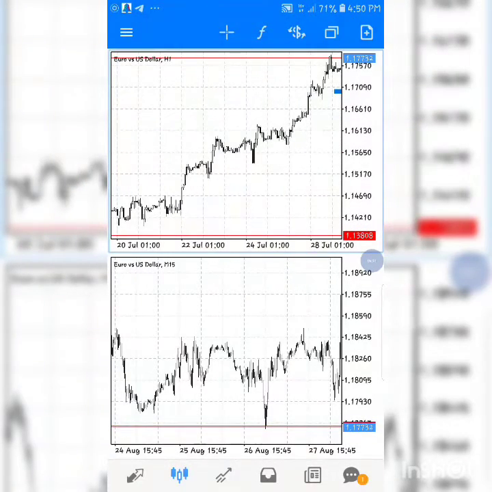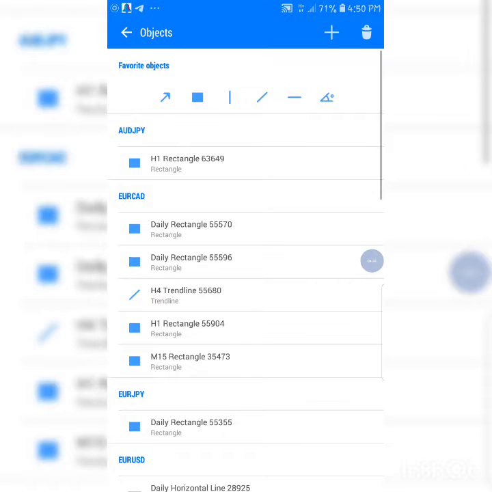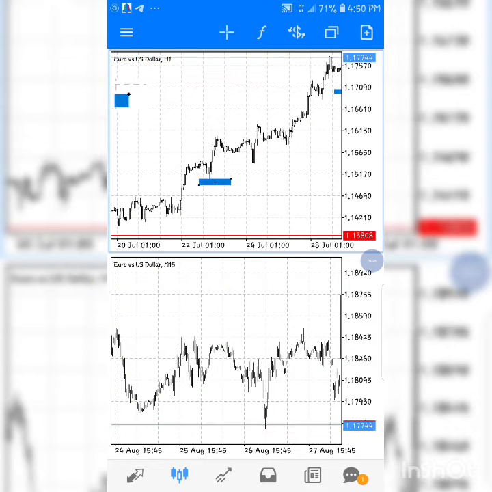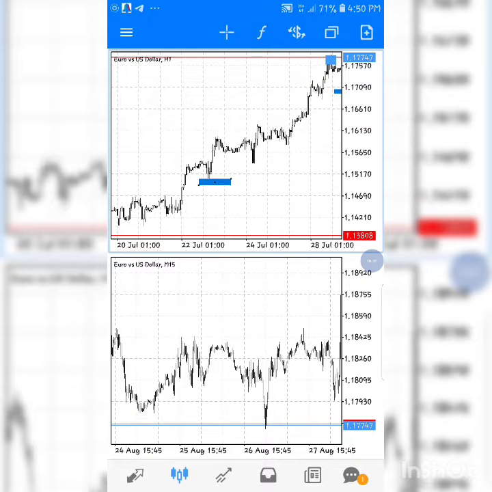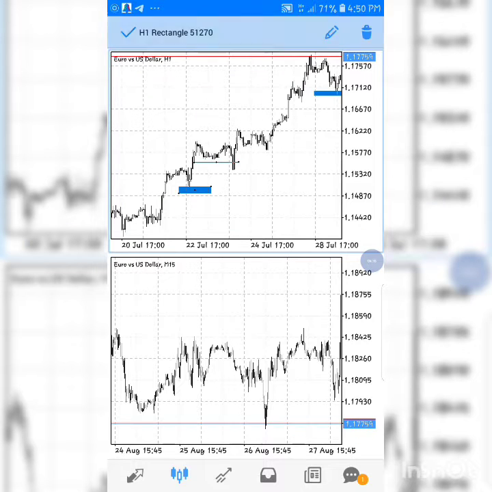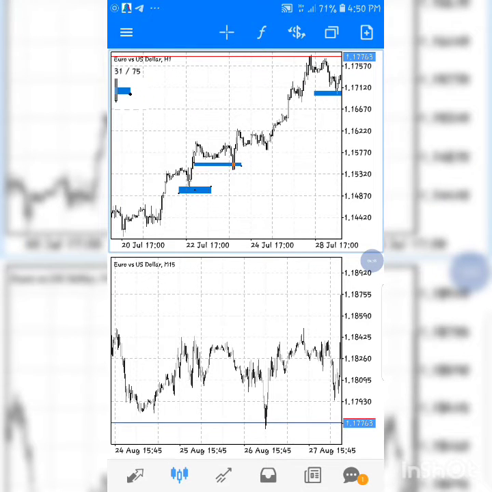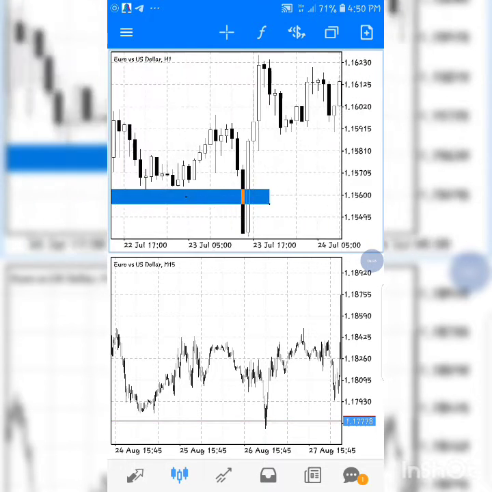And also you have these minor support levels here, which are this one here. Then you have another one here below these small candlesticks, around there. So we zoom in there.